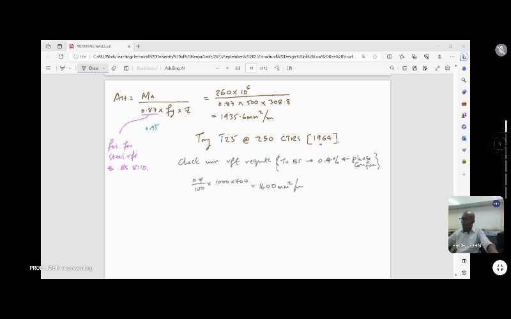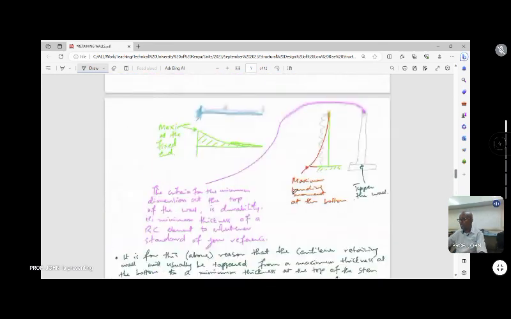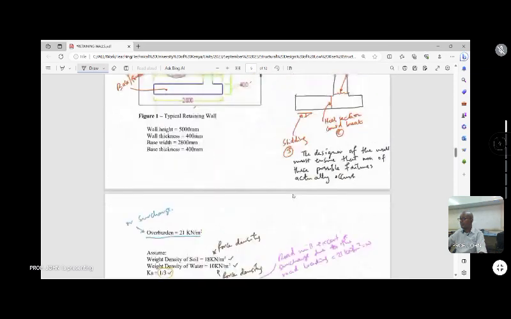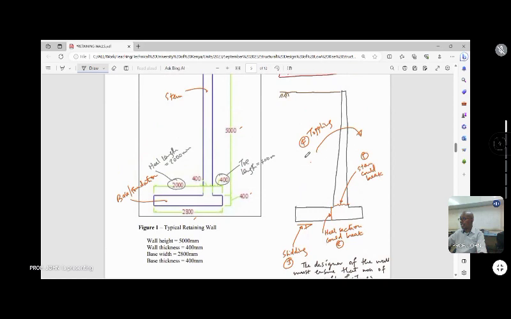So now we want to go ahead and check. These are the two possible failure modes. We check the toppling and we check the sliding.